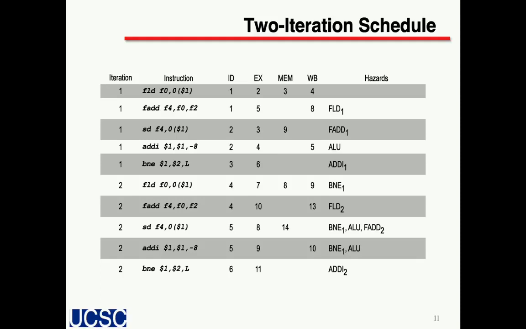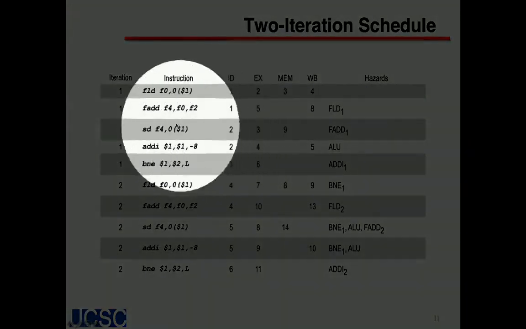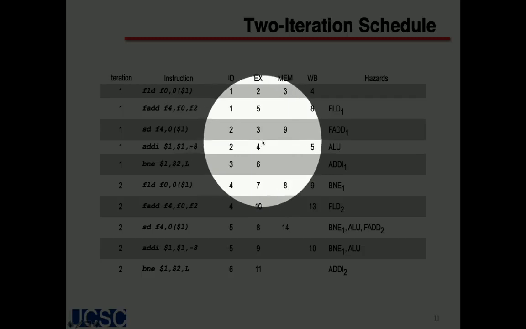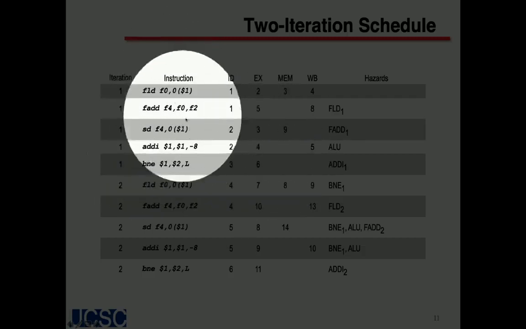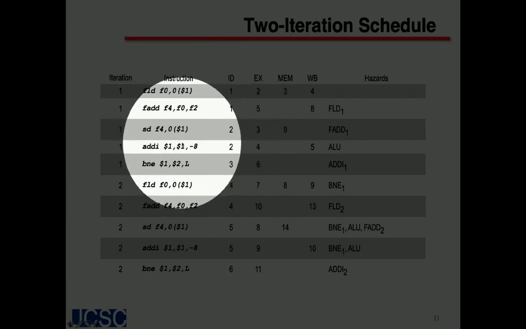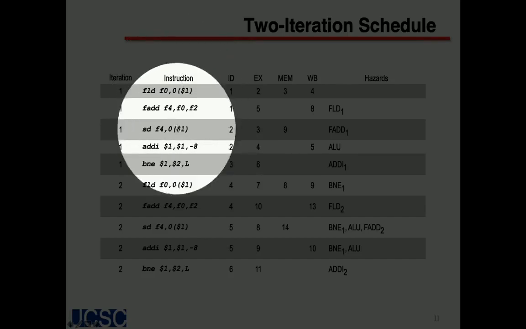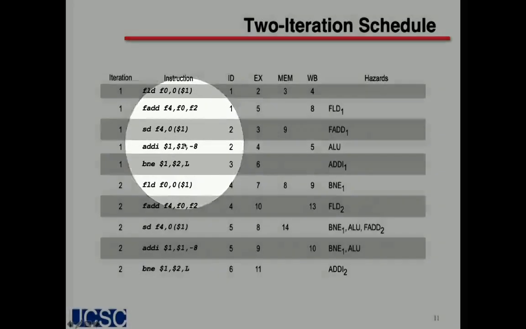OK, so then what about the next instruction? Well, just a simple add I for the loop information. That one actually starts really early, and the reason why is because it has the information it needs. It doesn't depend on these other ones. It does have a write after read hazard with both the load and the store. However, with renaming, of course, that's going to go away.